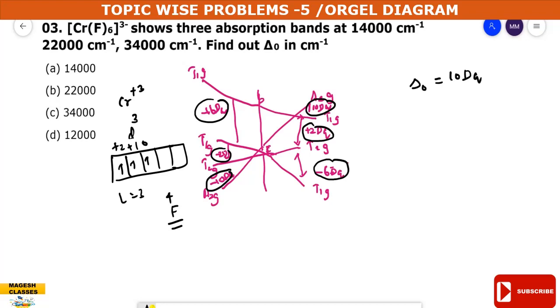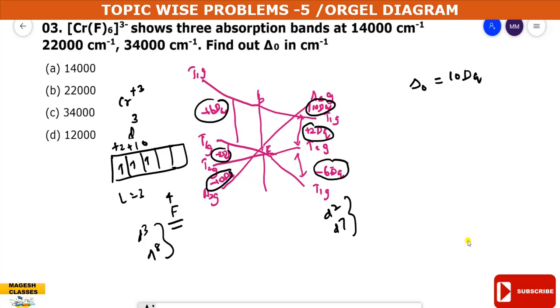Okay. For D3, we have to take the right hand side of the ORGEL diagram or the left hand side of the ORGEL diagram. So D2 and D7 are on the left hand side for octahedral. Here D3 and D8 are on the other side for octahedral.